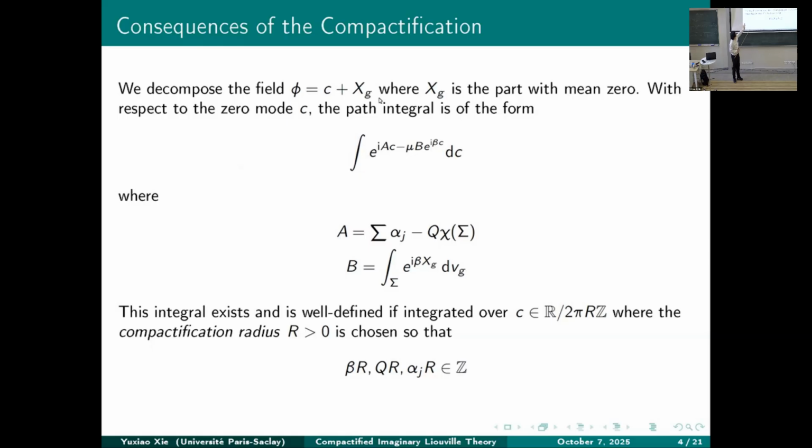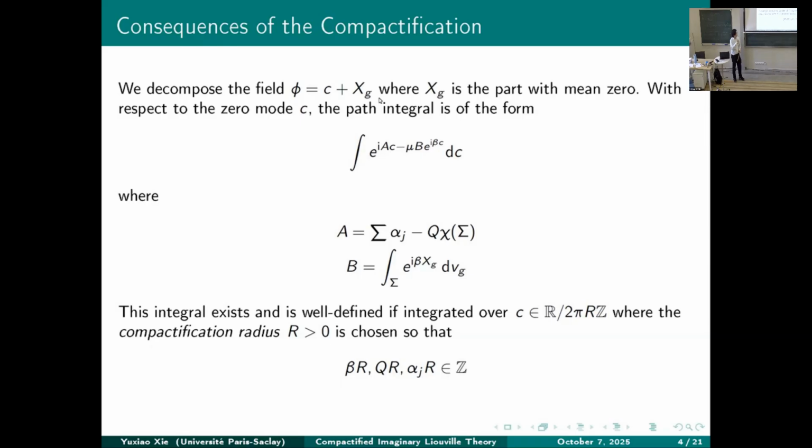But if you just look at the integral as an integral in the zero mode c, you see that it has this form. So here A and B are related to the other parameters by these formulas. So you can see that since I have an i here, both these terms are going to be kind of periodic in some sense. So this means that if you want to integrate over R, this will almost never make sense.